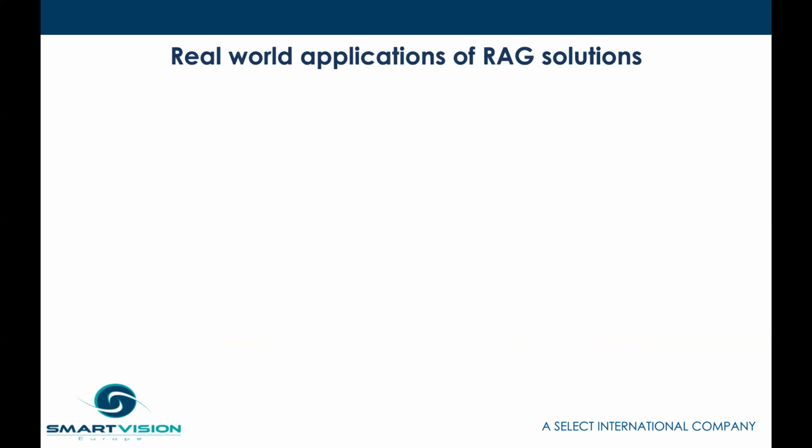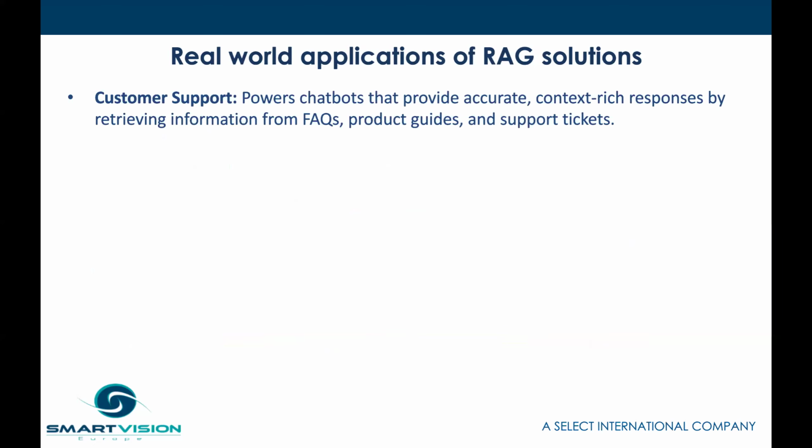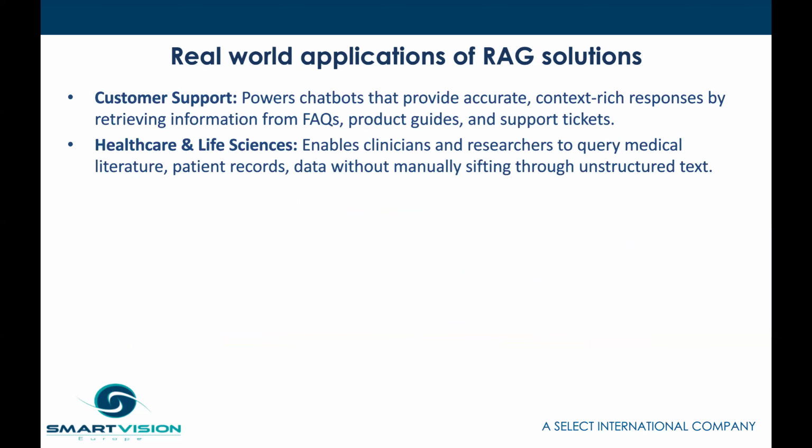So real world applications of RAG solutions would be things like, we've seen this sort of stuff before, customer support, where you have chatbots that provide accurate context-rich responses based upon FAQs or product guides or technical support tickets.